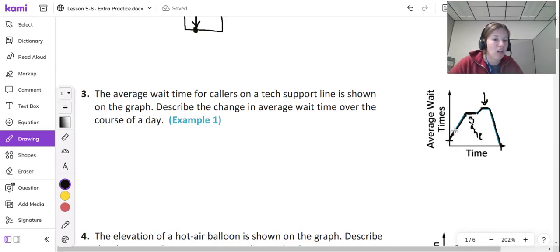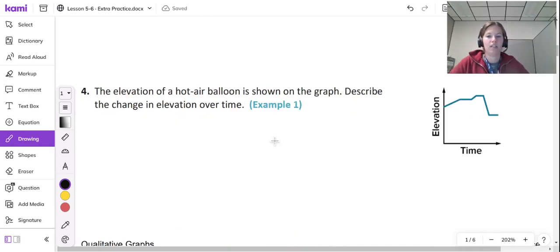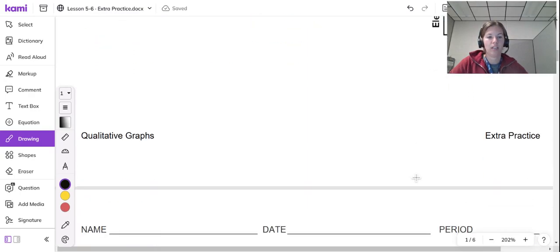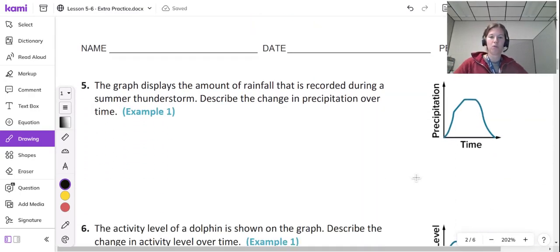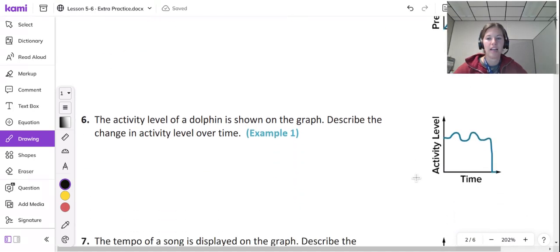And these angles are increasing or decreasing at a constant rate. I'll let you take a look at this one on your own. And there's a couple more here that you can try if you would like.